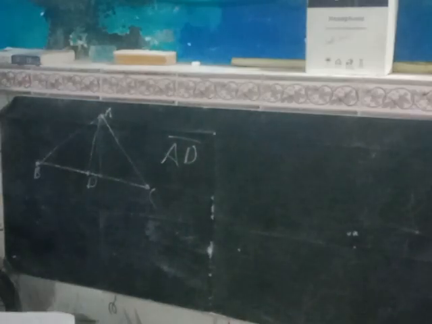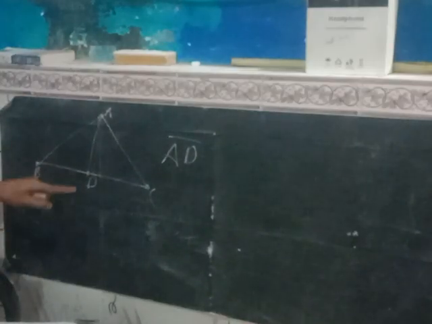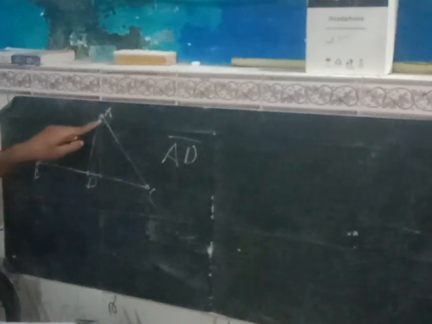Sorry. Yeah, I start again. Median of a triangle: the line segment AD joined at the midpoint of line segment BC to its opposite vertex A. This is opposite to BC. So this is vertex A. It is called a median of a triangle.